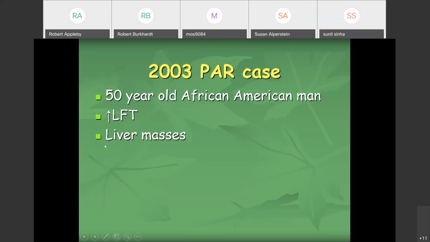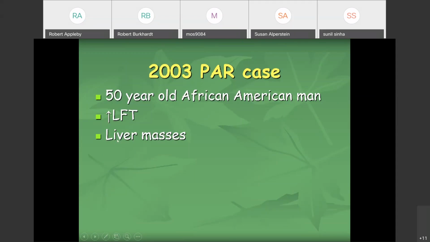Oh, I remember this case. This 50-year-old African-American man, he looked healthy. Actually, he looked younger than his age, looked like 38. Elevated liver function test. There are multiple liver masses.